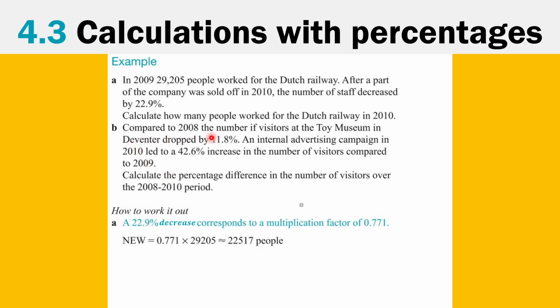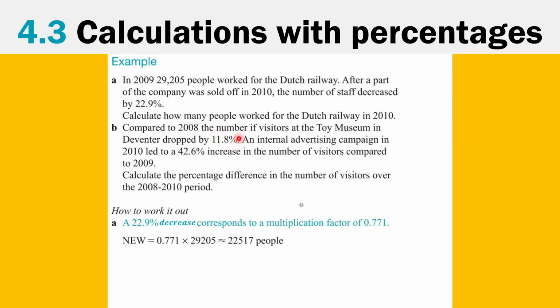Compared to 2008, the number of visitors at the Toy Museum in Deventer dropped by 11.8%. An internal advertising campaign in 2010 led to a 42.6% increase in the number of visitors compared to 2009. Calculate the percentage difference in the number of visitors over the 2008-2010 period. So we have a drop and afterwards, again, an increase in the number of visitors.